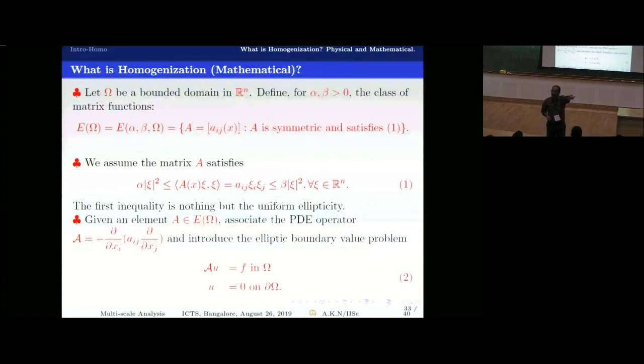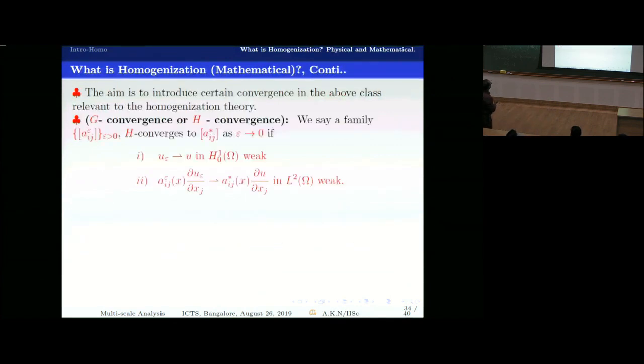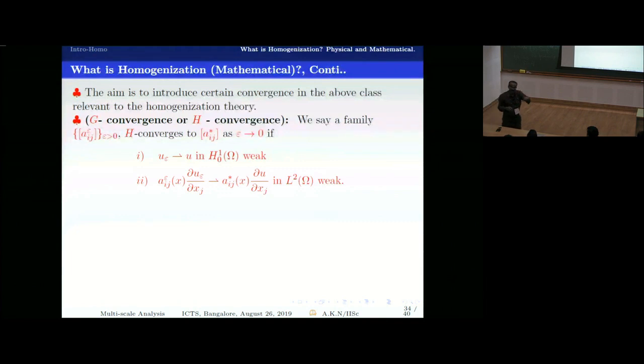So given a family of differential equations, I want to identify my limit differential equation, which is also given by an element here. In other words, given a family, I want to identify some limit. The point-wise limit or the average limit, as I said, do not work.